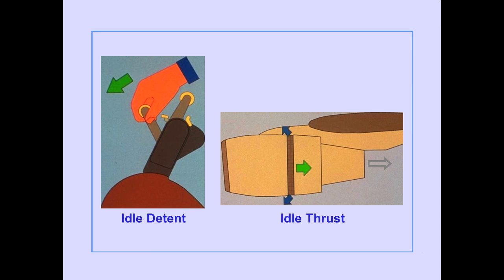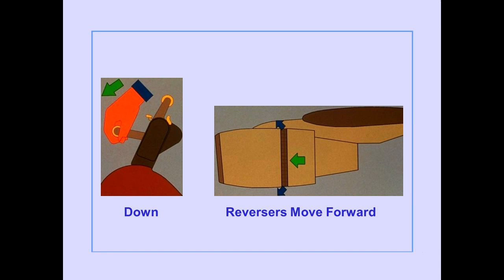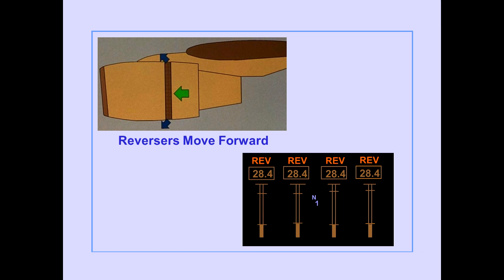Moving the reverse thrust levers to the idle detent reduces thrust to idle when reverse thrust is no longer required. Moving the reverse thrust levers to the down position commands the reversers to move forward to the stowed position. When the reversers move forward, the reverser status annunciators change color to amber.